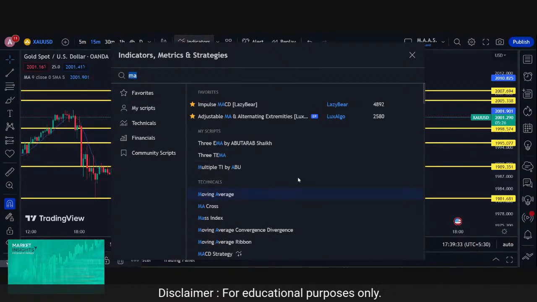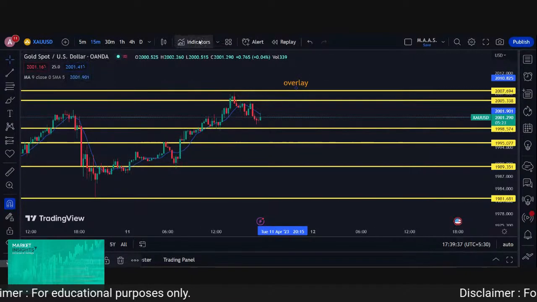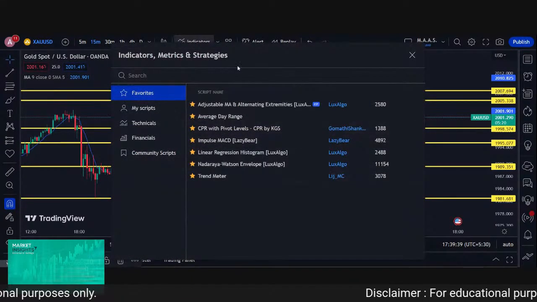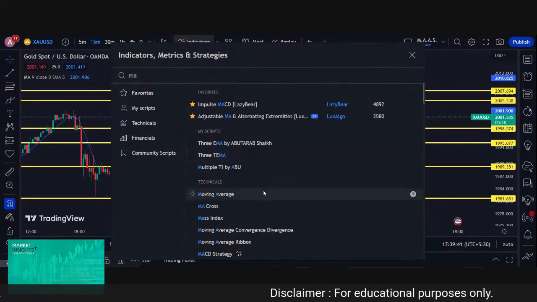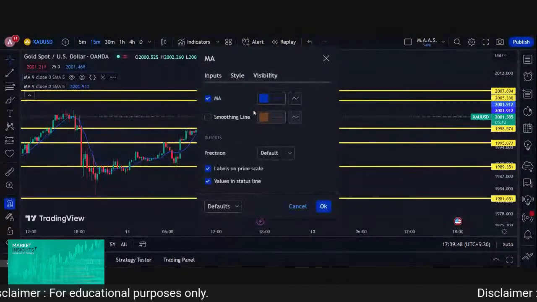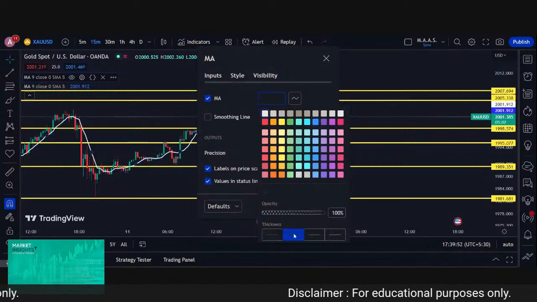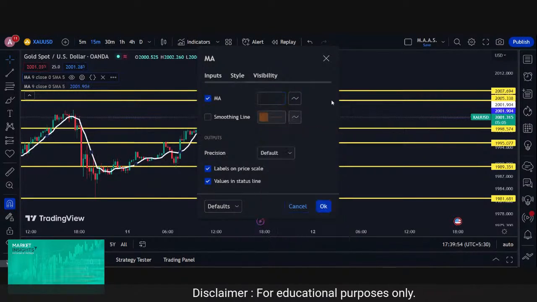Let us take two, and one more. So these two are moving averages. Let me change the visibility settings to make it visible.